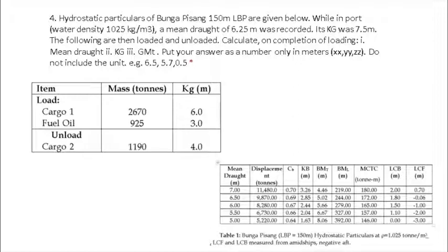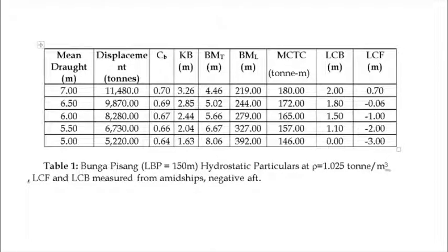Okay, so to do that, first we need to know the original ship's displacement. We have the mean draft given as 6.25, so we go to the hydrostatic particulars. 6.25 is not given directly, so you need to interpolate between 6 and 6.5.